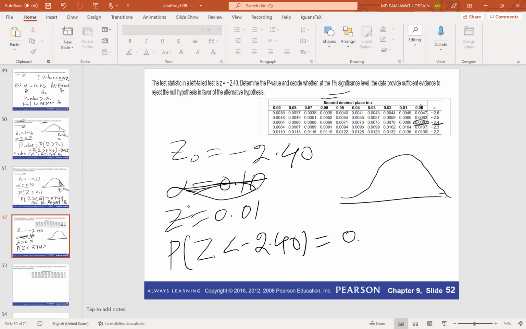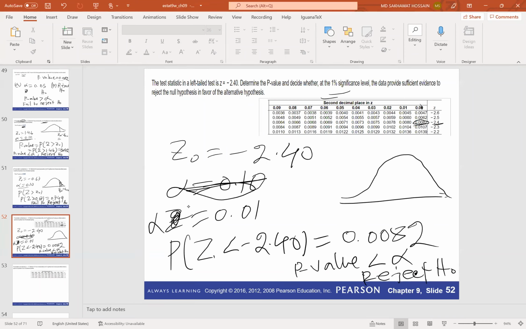So the probability is 0.0082, which is smaller than, sorry, this is not Z, this is the alpha value. So that means the p-value is smaller than the alpha value. So we reject the null hypothesis. In this case, we reject the null hypothesis.